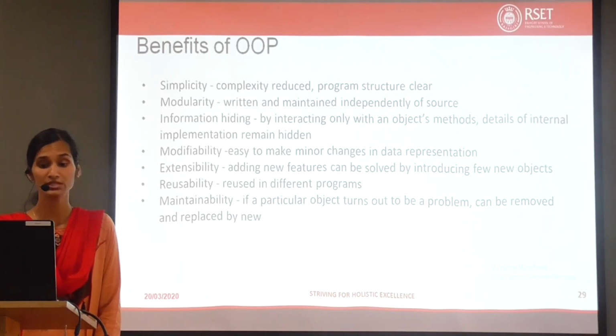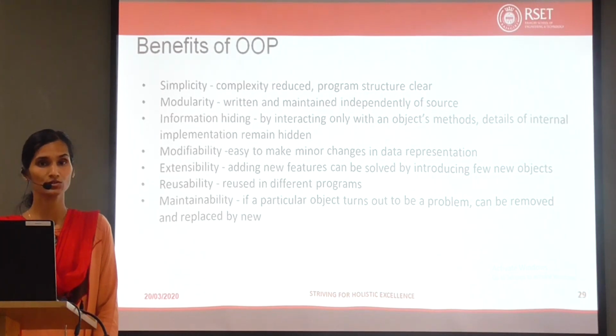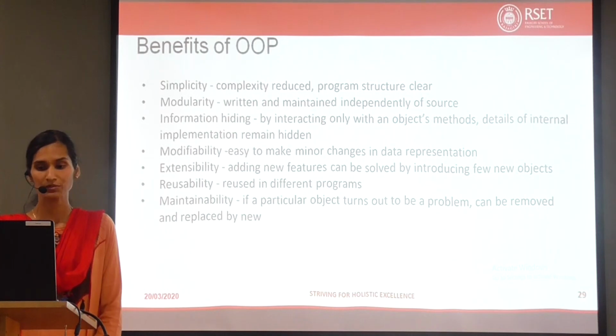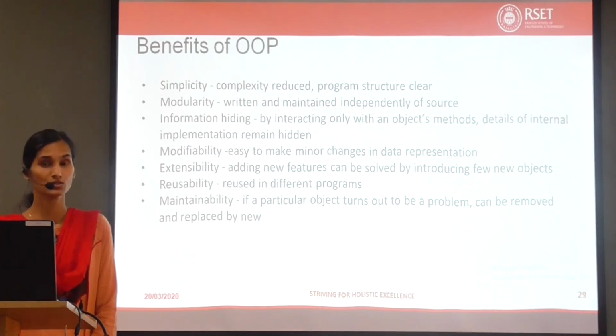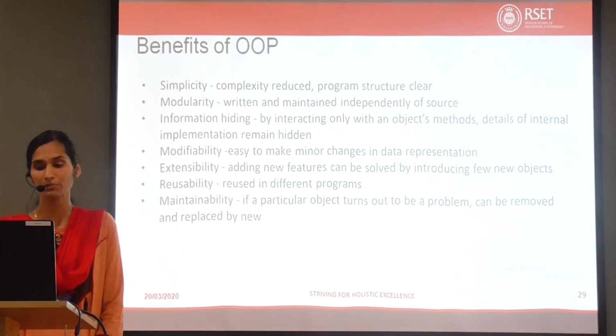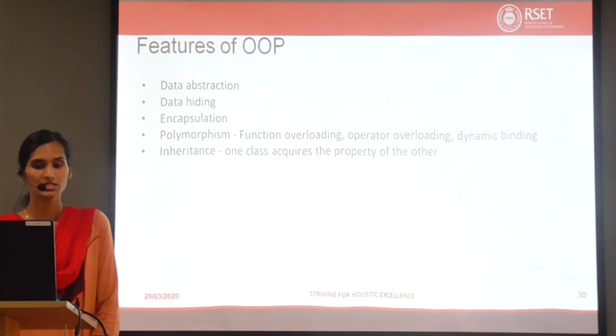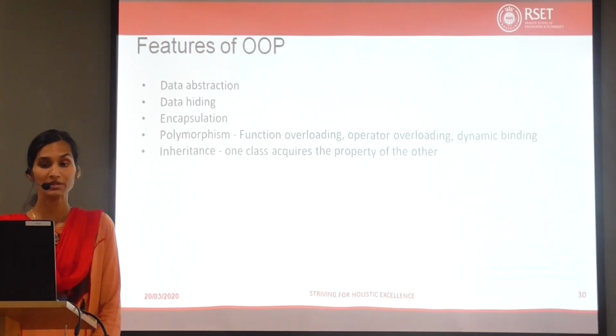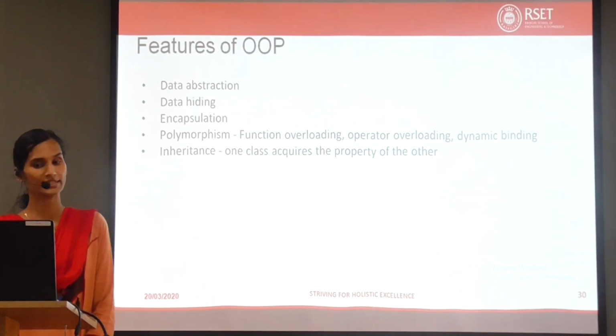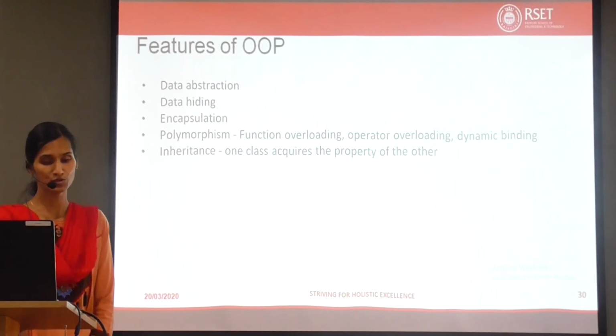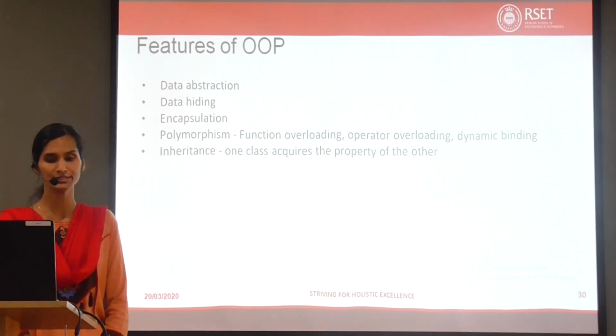Reusable, that is, you can use it in different programs by making it into different classes and objects. Maintainability, that is, if any classes go corrupt, you can simply take them out and replace them with a new class or an object. The features of object-oriented programming are the same as we discussed: data abstraction, hiding, encapsulation, polymorphism and inheritance.